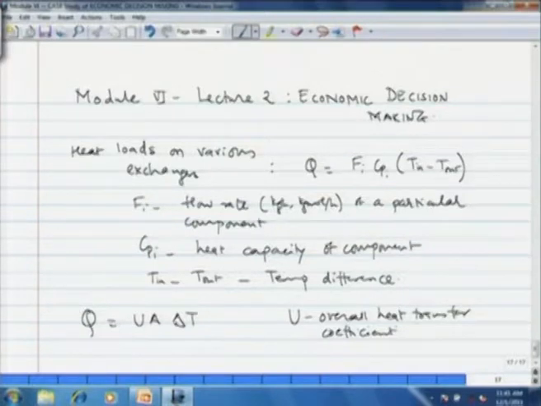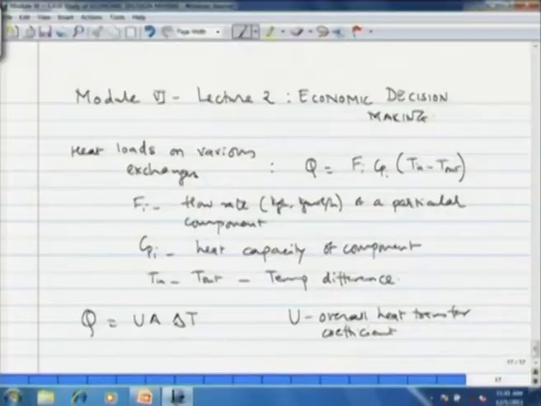You can get these from any standard text like Perry's Chemical Engineering Handbook or the book of D.Q. Kern, Process Heat Transfer, the range of overall heat transfer coefficients for a particular combination of streams. And then from delta T we can calculate area, and from area you can get the capital cost of the exchanger, and then you can also determine the cost of water that is used for operating that exchanger.